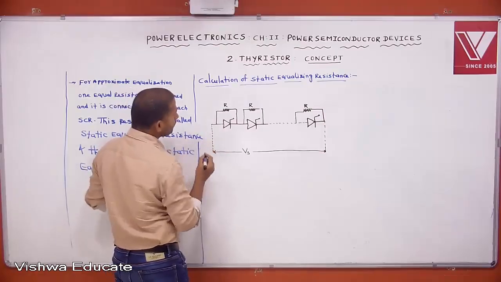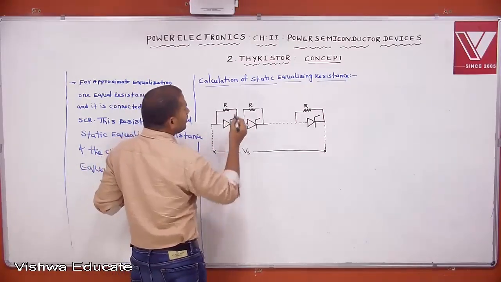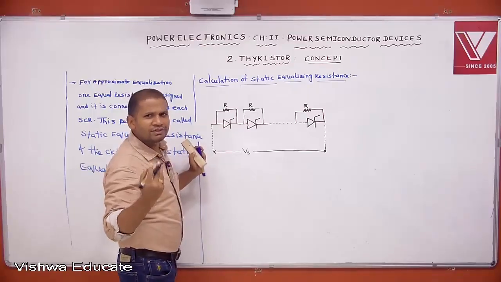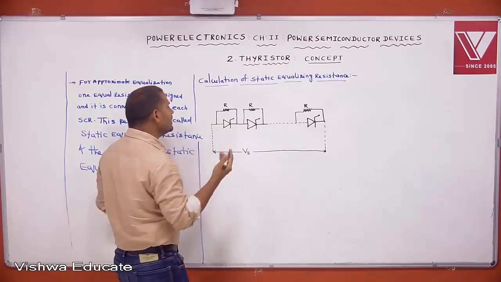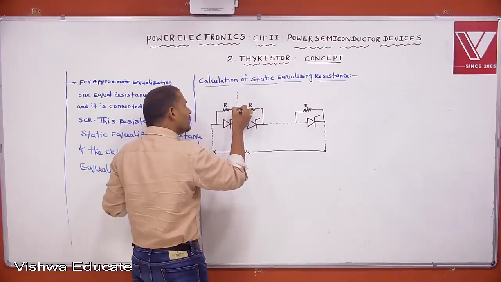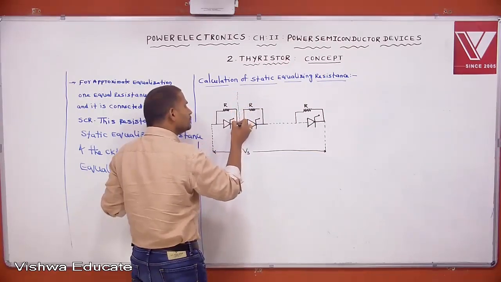Because I want to derive one generalized formula, I am assuming that one SCR belongs to one category, meaning it blocks one voltage.